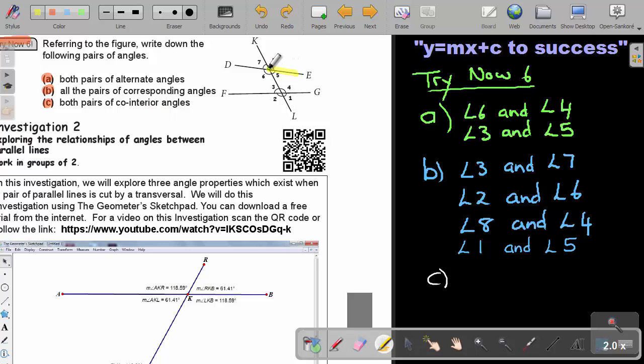It will be that C. So it will be angle 4 and angle 5. Then again, clean, and let's do it to the other side. Angle 3 and angle 6. And there is my 3 different types of angles.